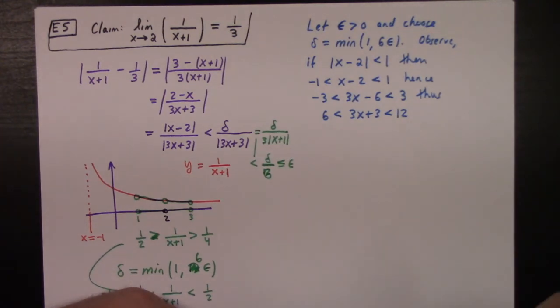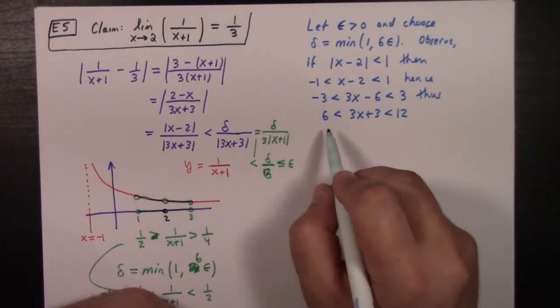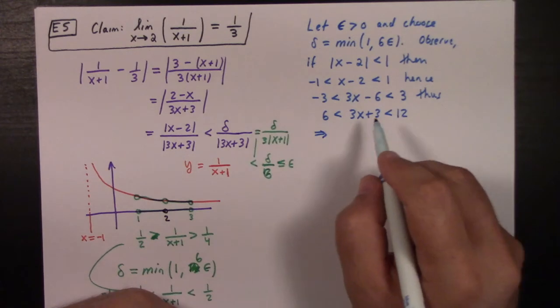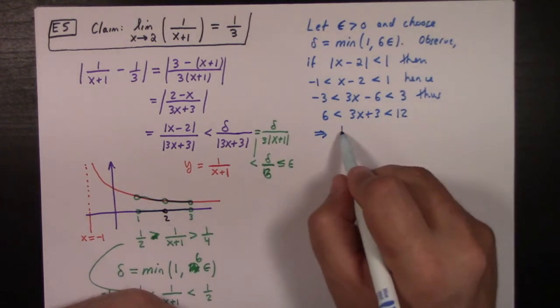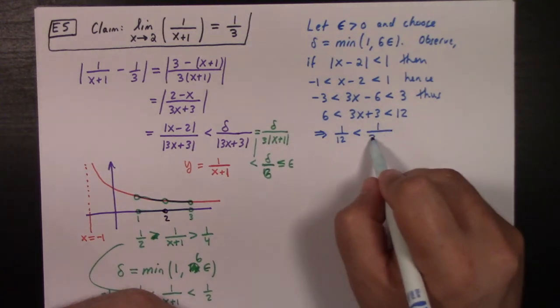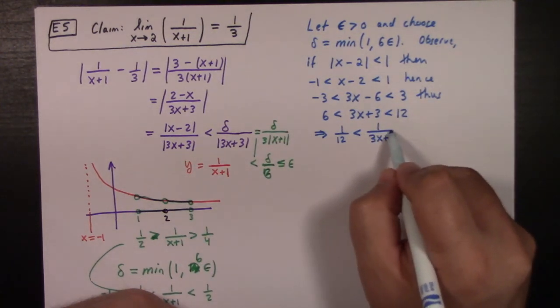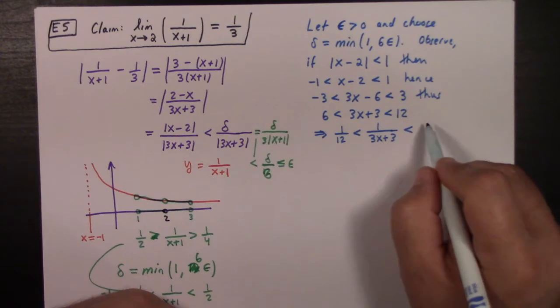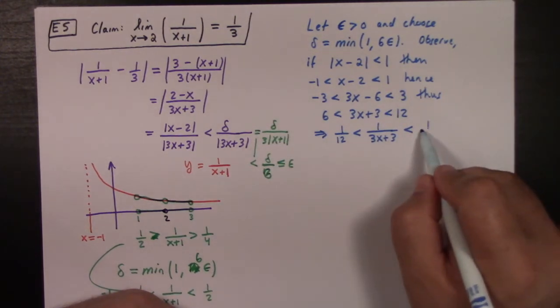All right. So that implies that what? 1/12, right, is less than 1 over 3x plus 3 is less than what? 1/6, right?